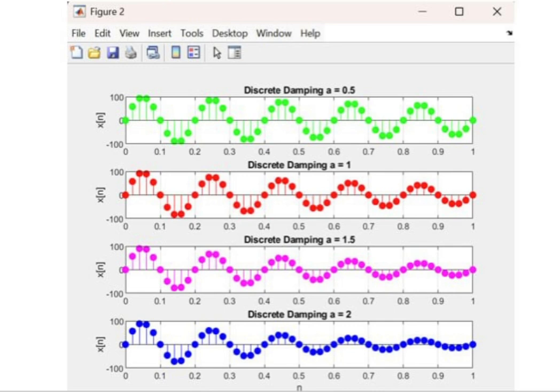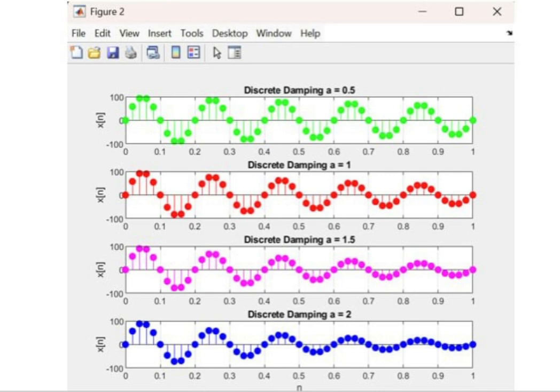For the last one, I will present exercise 1.3, which is about the discrete damped wave. So, this experiment shows how different damping values affect the amplitude and oscillation of a discrete signal over time.